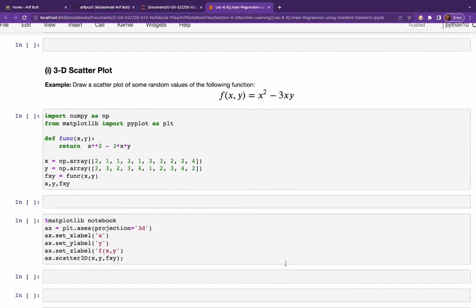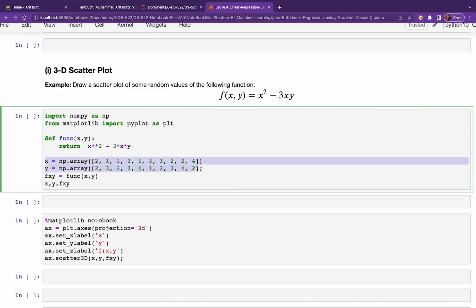My dear friends, consider this function x squared minus 3xy, and let me take 10 random values, 10 x's and 10 y's, which I would like to pass to this function x squared minus 3xy func to calculate the value of the function at these two values.